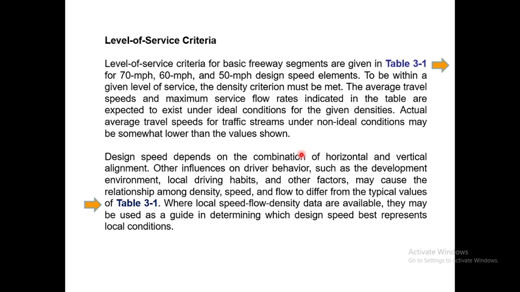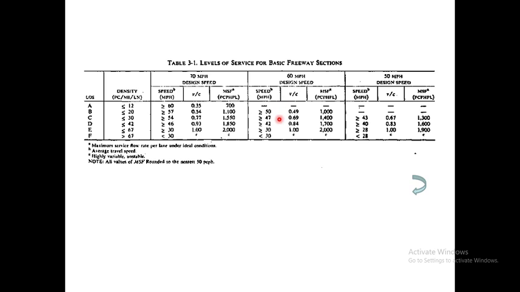So here is a very useful table that we will use frequently, especially in the final exam. If we have a question like calculating the level of service or analyzing the free flow speed, this table is very useful.